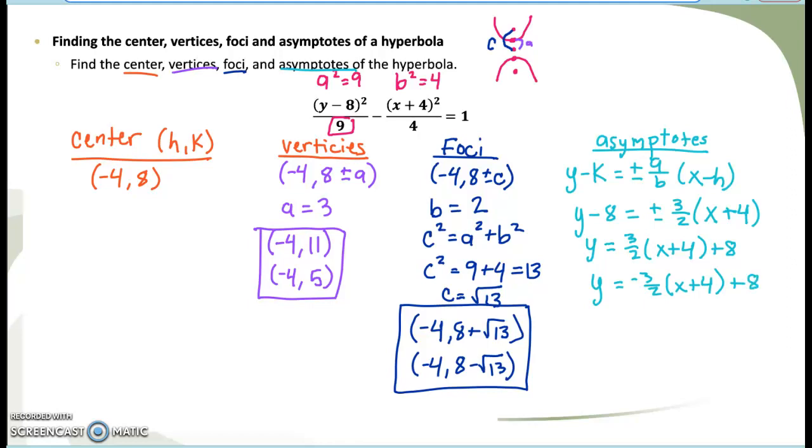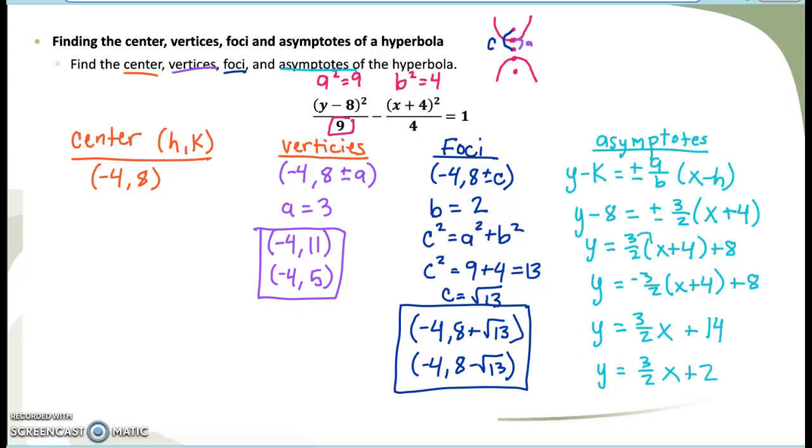After I do some simplifying and reducing, I end up getting y equals 3/2 x plus 14 and y equals 3/2 x plus 2.